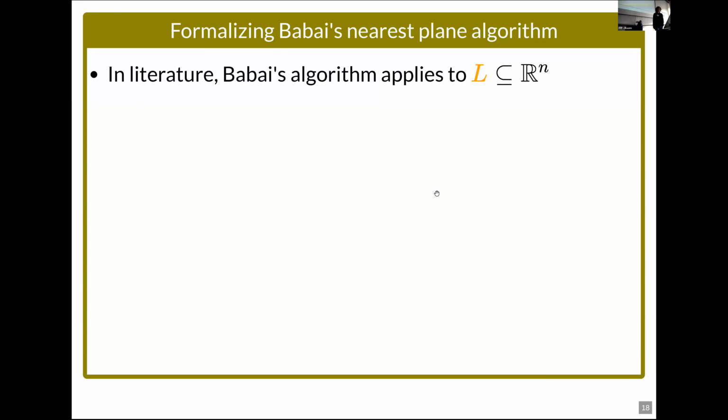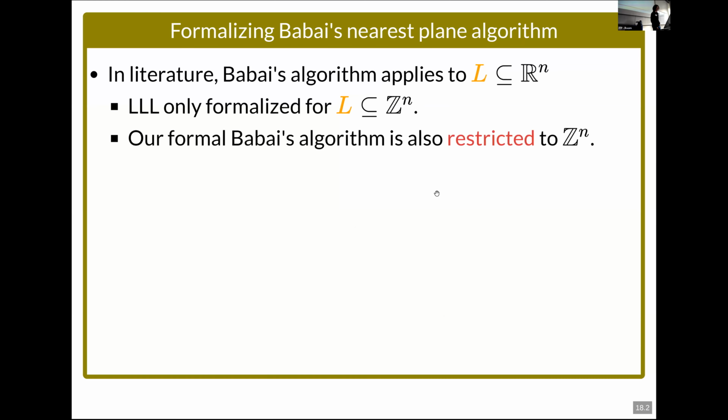Okay, so also in the literature, Babai's algorithm, typically you'll see it described for real lattices. Of course, we don't really compute with real numbers. I mean, we'll be doing something with rationals. Actually, so LLL is only formalized for integer lattices, so we also have this restriction.